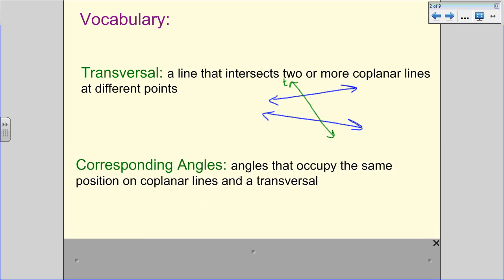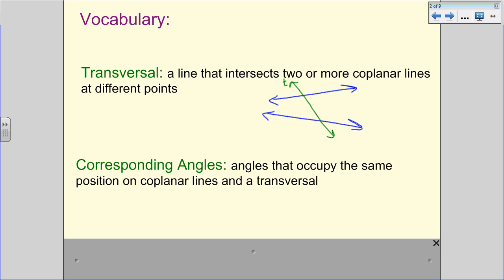Corresponding angles are angles that occupy the same position on coplanar lines in a transversal. So I've got to start with that diagram that we just drew up there. These coplanar lines with this transversal, and they have to occupy the same position.